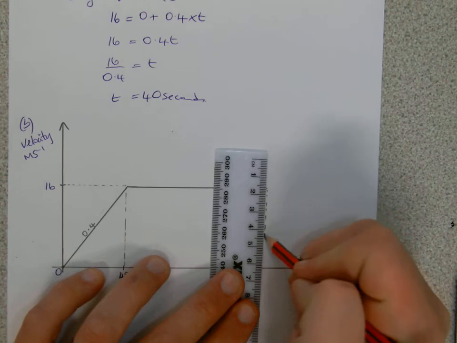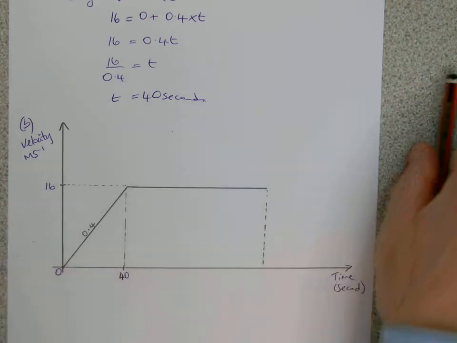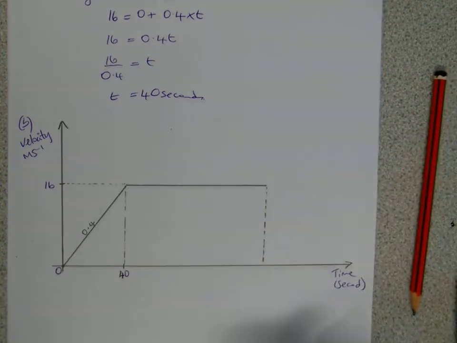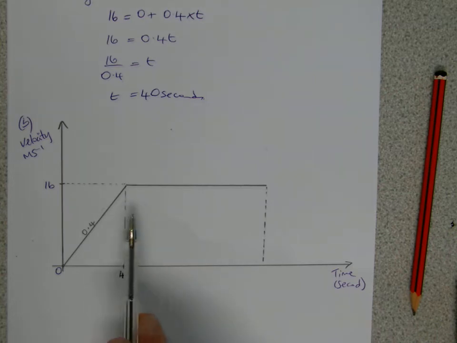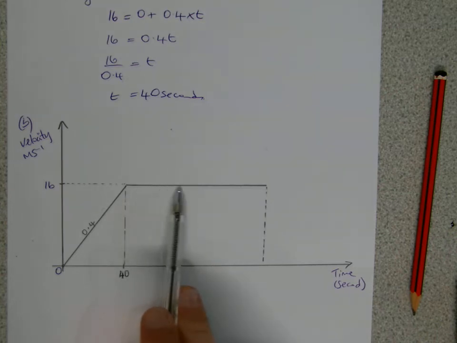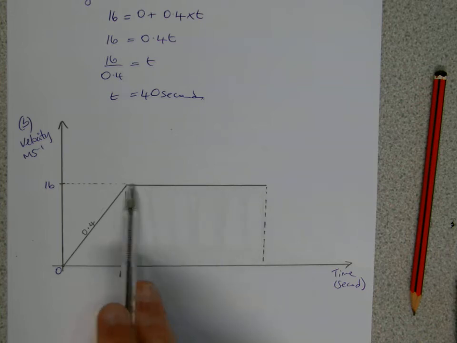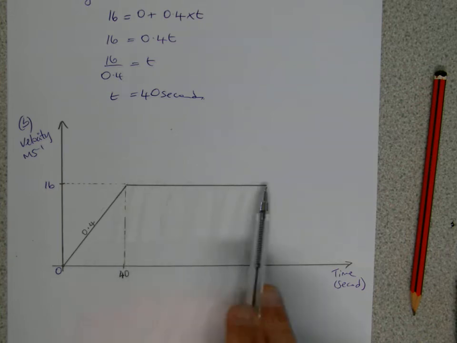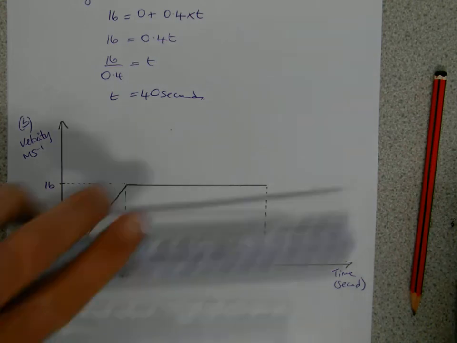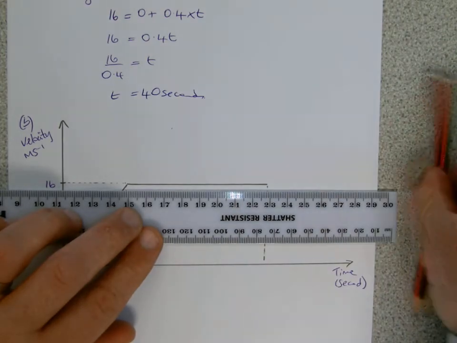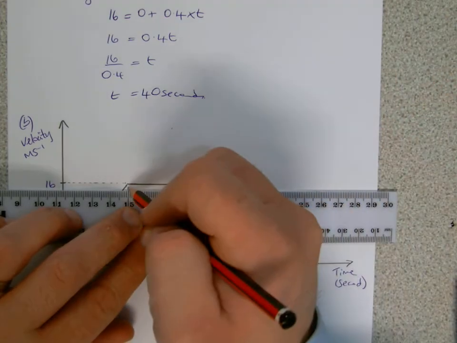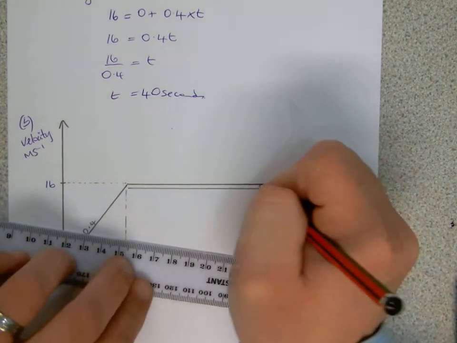Now, in terms of what we put down here, we have to be careful. It says it maintains the speed of 16 meters per second for t seconds, so this distance along the time axis is t. If you want, you can identify that on here as being t seconds.